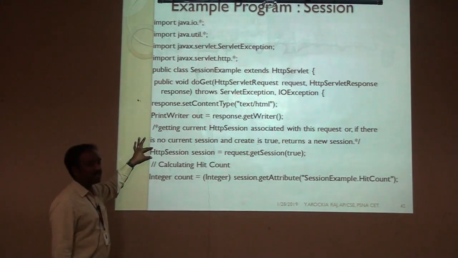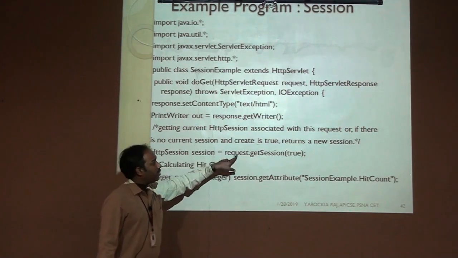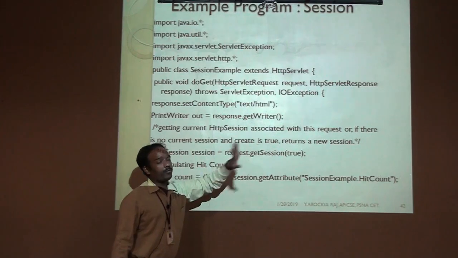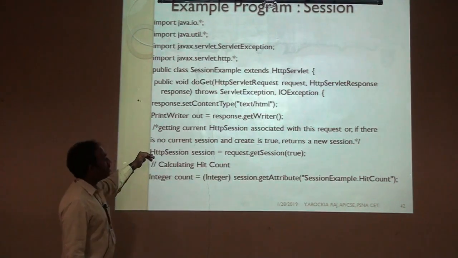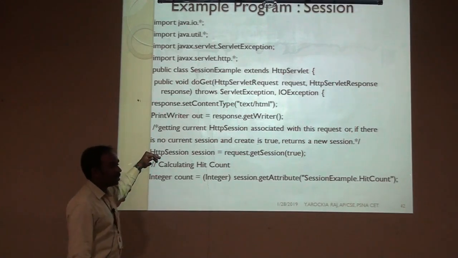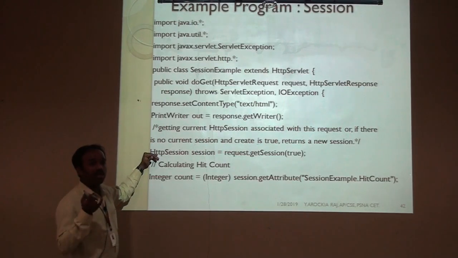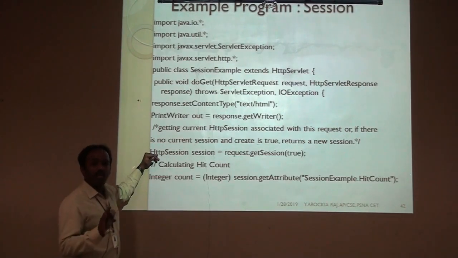So once it is created, see here, HttpSession session = request.getSession(true), in the sense the session will be started at the same time, right? At this time itself, the ID will be created for a particular session, and then the time and date, everything will be noted.